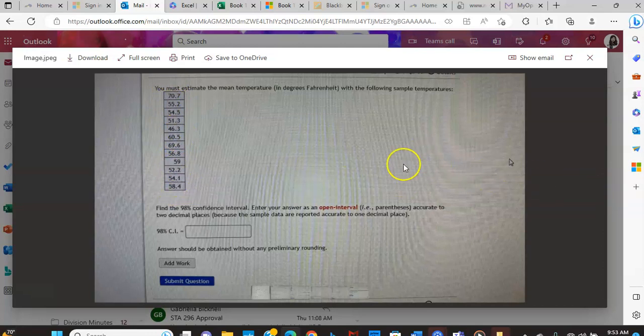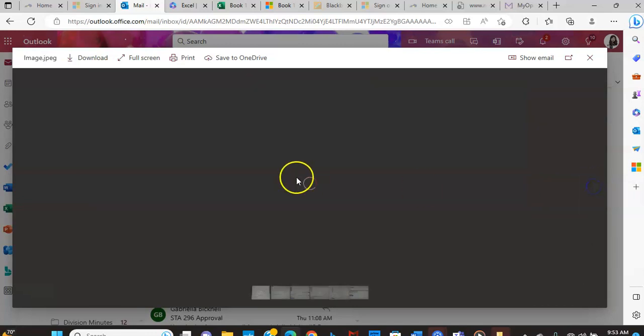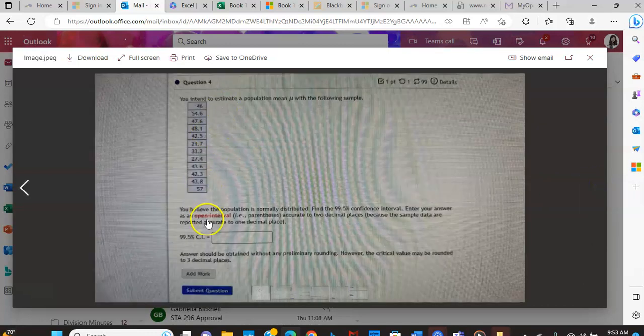I can't copy and paste because this is a PDF that you sent, but you should be able to highlight this and just copy and paste it into Excel rather than having to transfer it out manually. And same thing for this one. So those are all similar to the ones that I did. So hopefully that helps you through those problems.